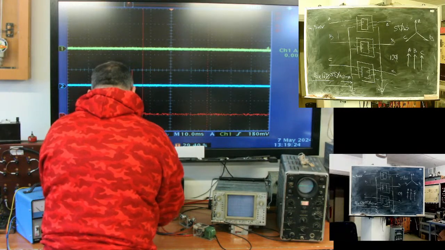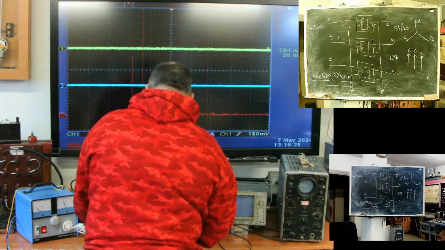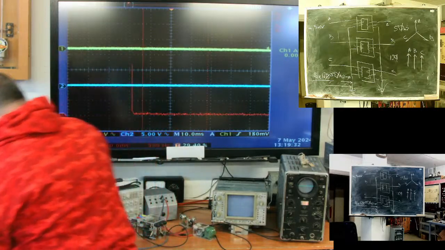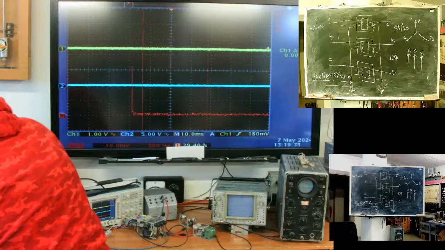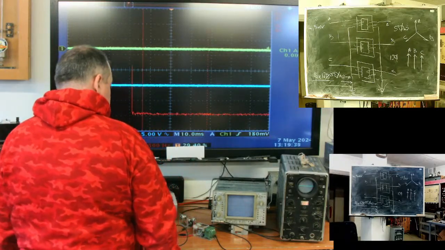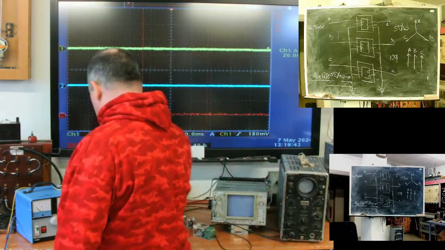This will be the neutral current. Zero, switch off, switch off. I can switch this off on 2.